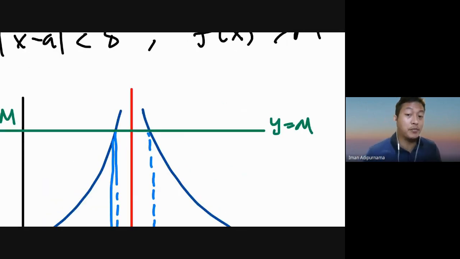So m is just, in terms of delta epsilon, every positive number, then when you put it there, the function is still greater than m.